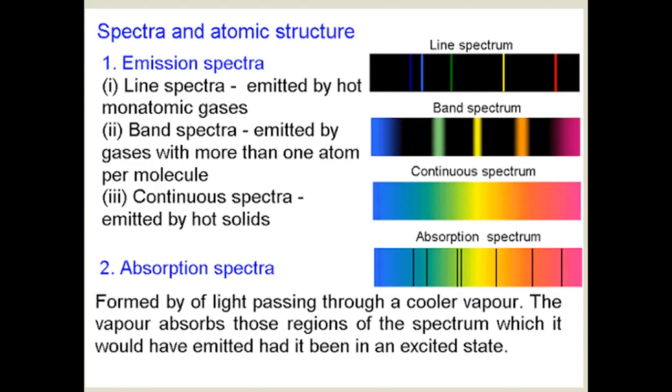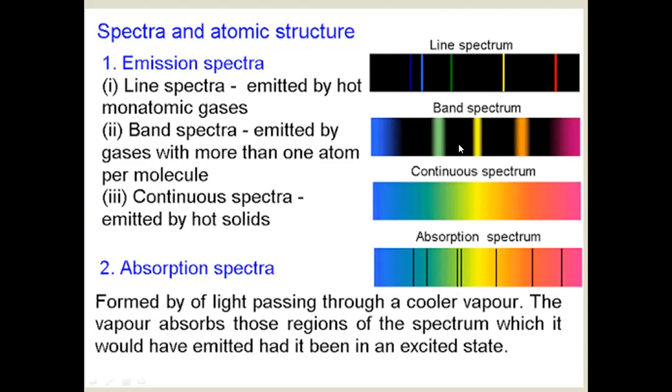The next one is band emission spectrum. Band emission spectrum consists of bands. Here, when you look into continuous, you have continuous colors. Whereas in lines, it's just sharp lines. But here in bands, it's a combination of continuous and line.